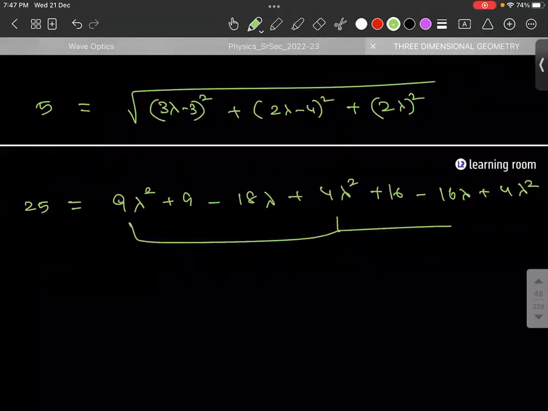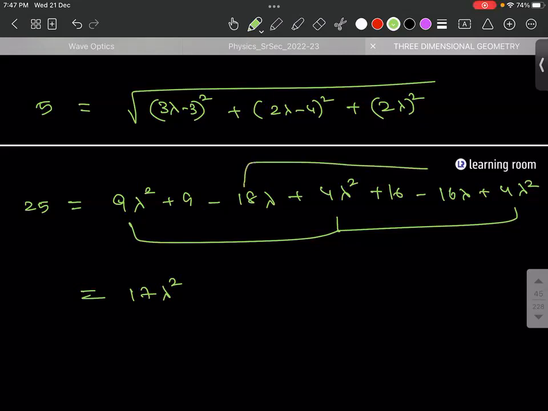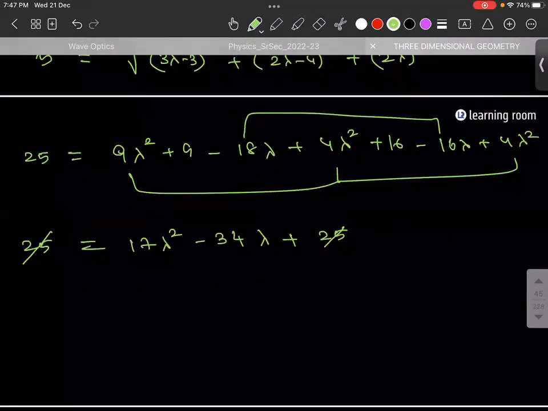So 9 plus 4, 13, 13 plus 4, 17. So 17 lambda square minus 34 lambda plus 25 is equal to 25. This and this will get cancelled.